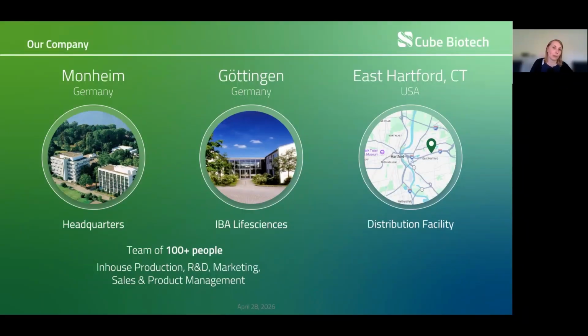That is because we're currently still in the transitioning phase. Both companies are actually located in Germany, and we develop and manufacture the majority of our products in-house, and we also sell them worldwide. And especially for our US customers, we also have a distribution facility in the US to guarantee quick deliveries.